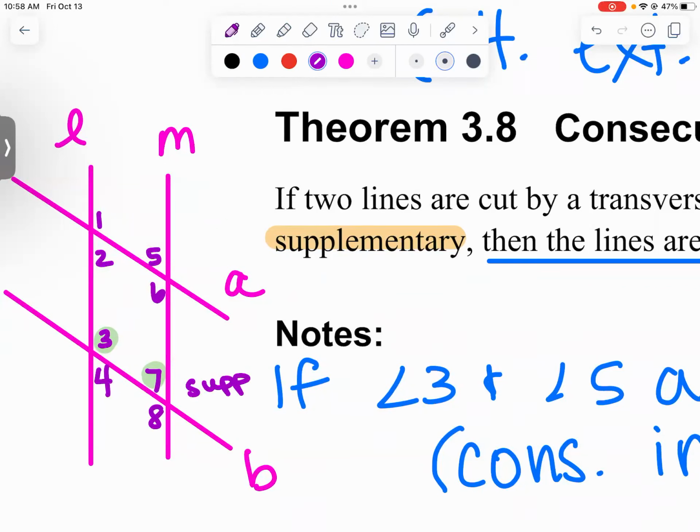What kind of angles are 3 and 7? Consecutive interior. And since our consecutive interior angles are supplementary, it's forcing which lines to be parallel? L and M.